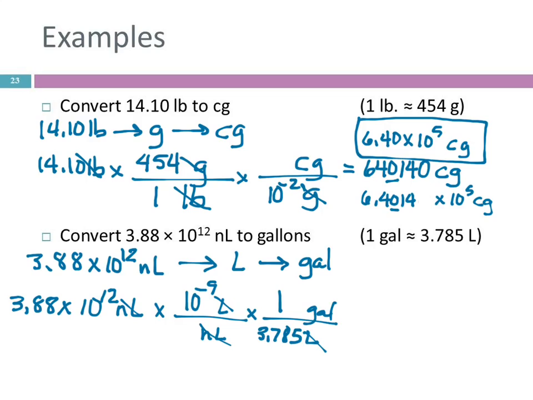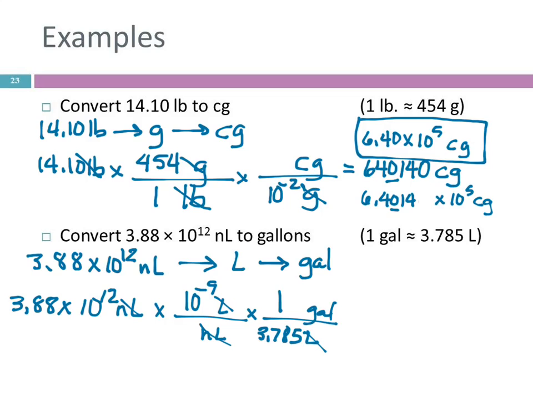Okay. I really need to bring my calculator. Maybe I'll go up and get it during the break. 3.88 EE12. You have to use scientific notation on this one because the number's too big.